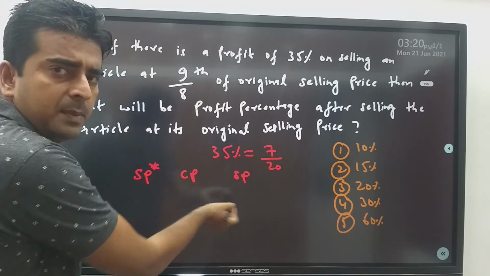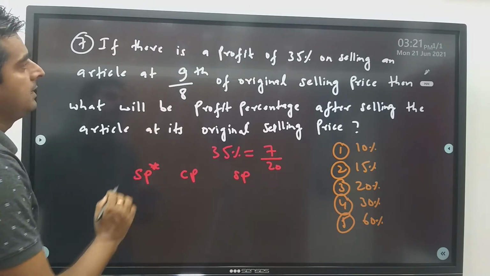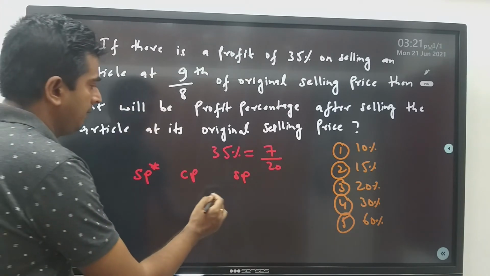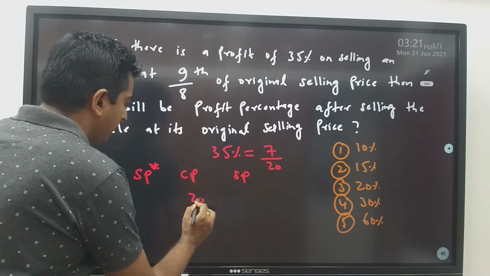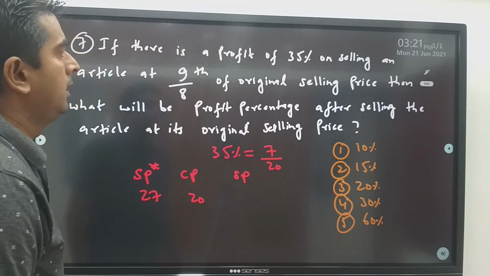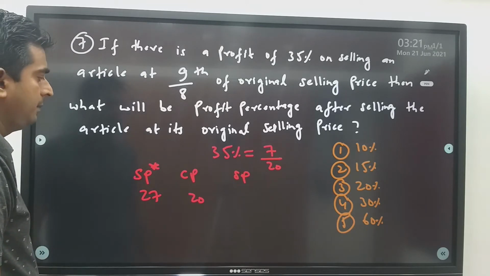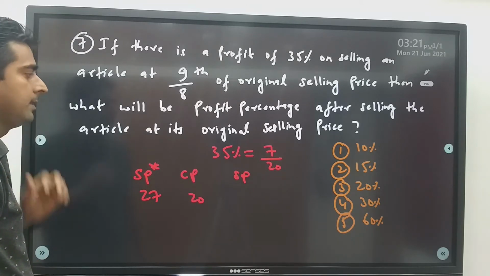This is the original selling price, this is the new selling price. So if by selling an article there is a profit of 35%, if this is 20, this will be how much? 27. At 9 by 8 of its original selling price.